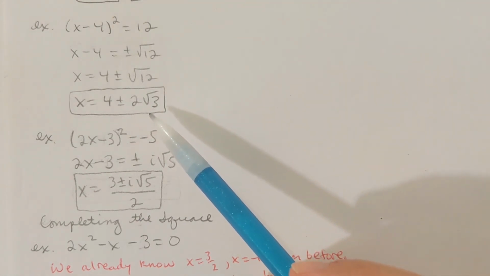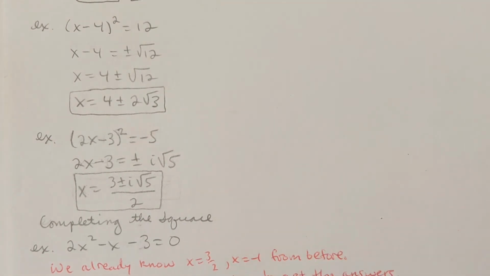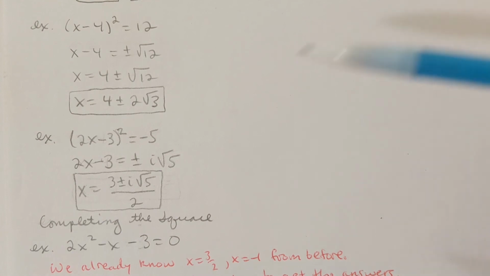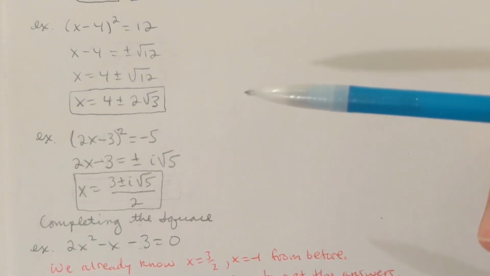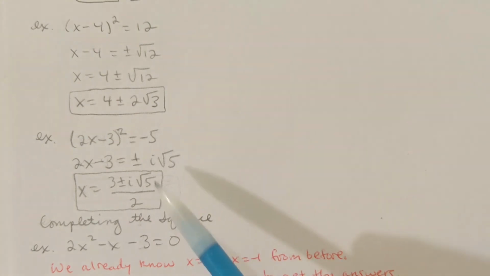And like you would any other problem, just leave those in exact form, of course simplified form. Unless you're told to use the calculator, keep it in exact form is the point with that.